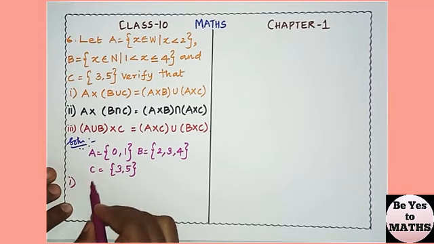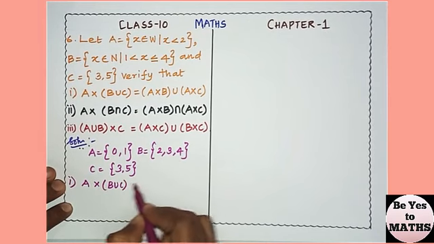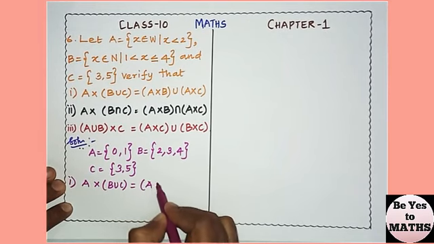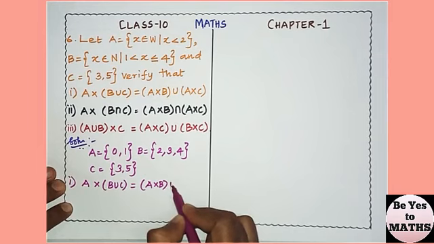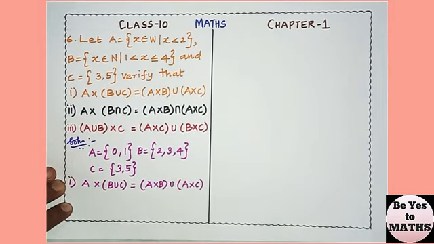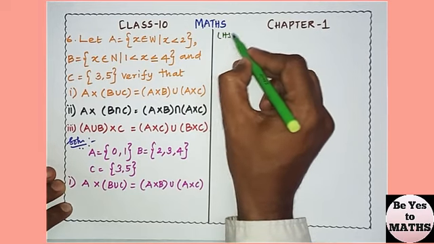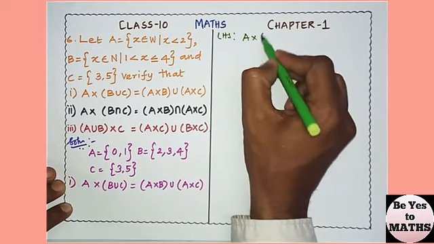Now we'll find out the first subdivision. The first subdivision is A × (B ∪ C) = (A × B) ∪ (A × C). First we'll take the left hand side. Left hand side we have A × (B ∪ C).